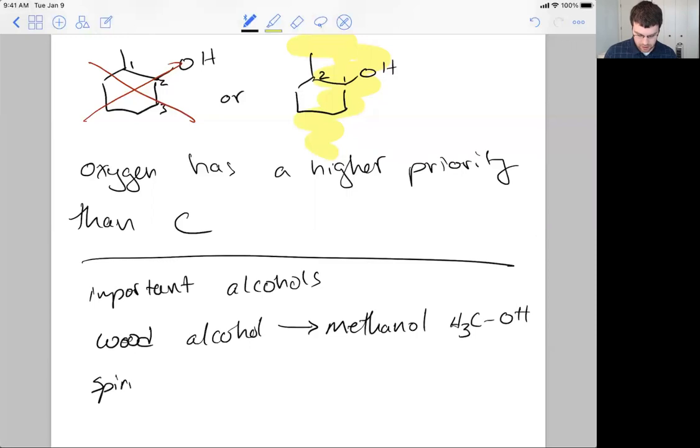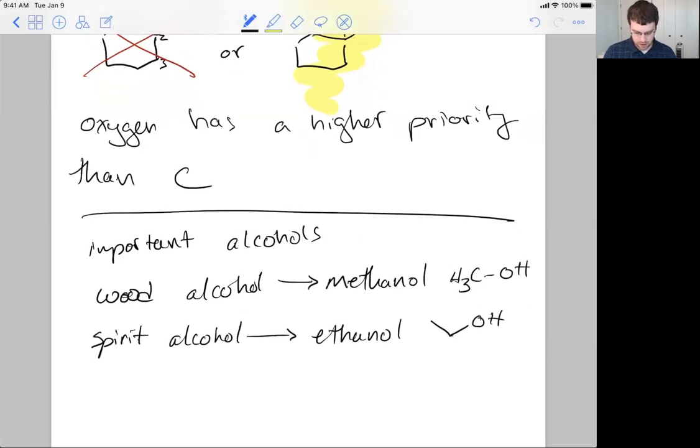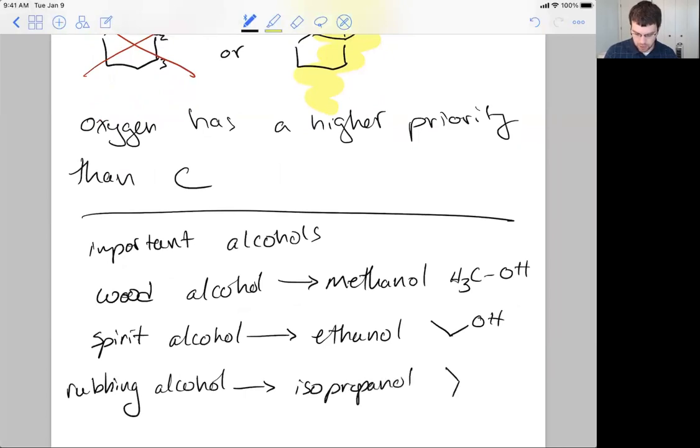Spirit alcohol is the alcohol that they put in alcoholic beverages or spirits, and that's ethanol. And then rubbing alcohol, that is isopropanol, where you have an isopropyl group attached to the OH. Otherwise, it is 2-propanol.